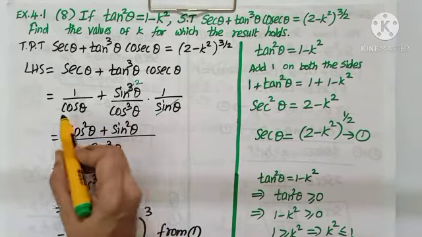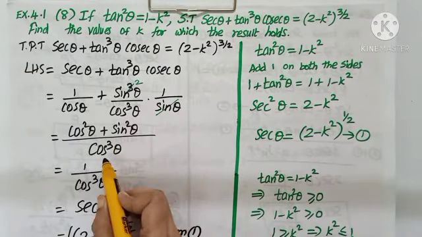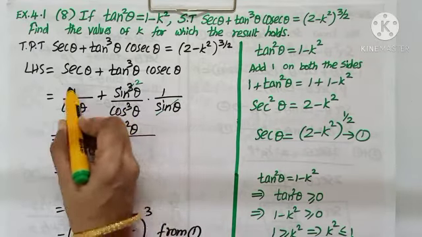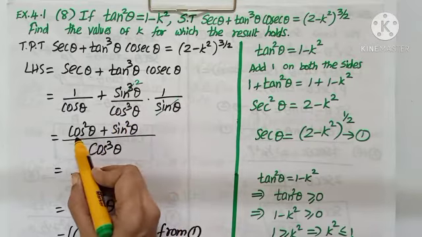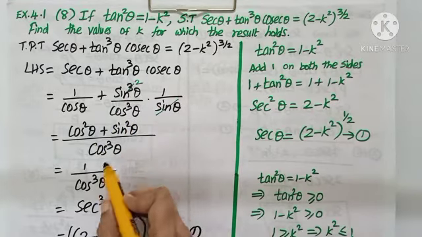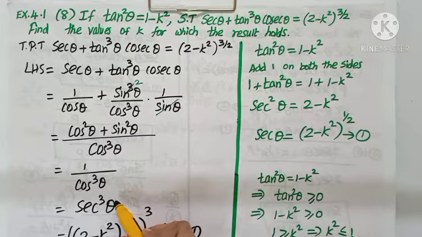Taking LCM, cos and cos cube, LCM is cos cube. So cos is here, cos square extra. So cross multiply: cos square theta plus sin square theta, which becomes 1 by cos cube. 1 by cos cube we rewrite as secant cube.